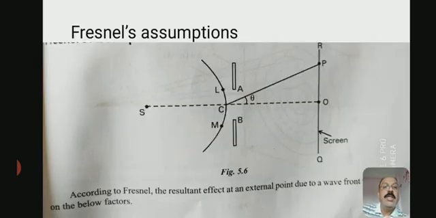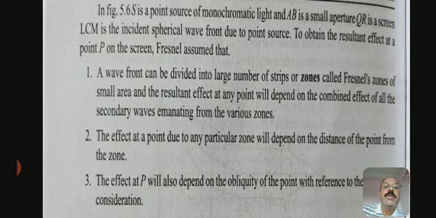So these are the Fresnel assumptions. Here we take the slit AB. S is a monochromatic light source. It is incident on the obstacle and reaches a point P on the screen. According to Fresnel, the resultant effect at an external point due to a wavefront depends on the following factors.